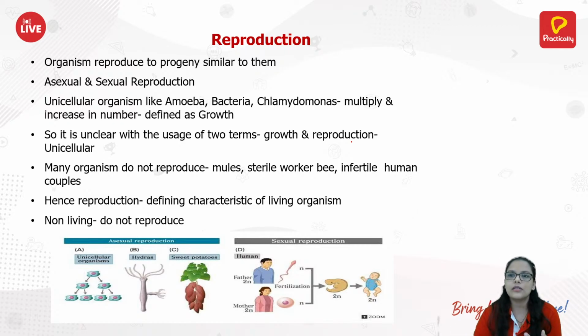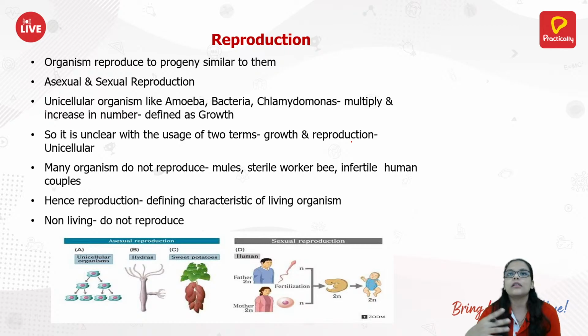Lions give birth to cubs, cats have kittens, dogs have puppies. So these are the higher living beings. Even in lower living beings like amoeba, bacteria, fungi, you can see reproduction.